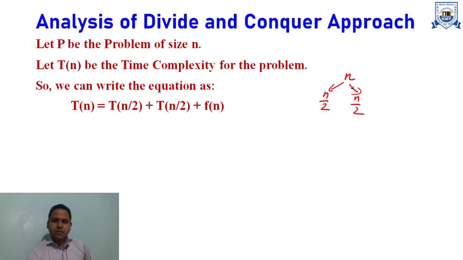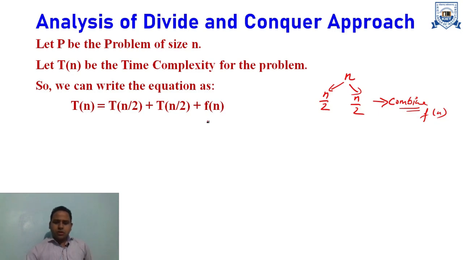Then after this n by 2 sub problem is done, I need to combine the sub problems to get the solution for the main problem. The combining cost I am taking as a function f(n). So f(n) is the function for combining these two sub problems.